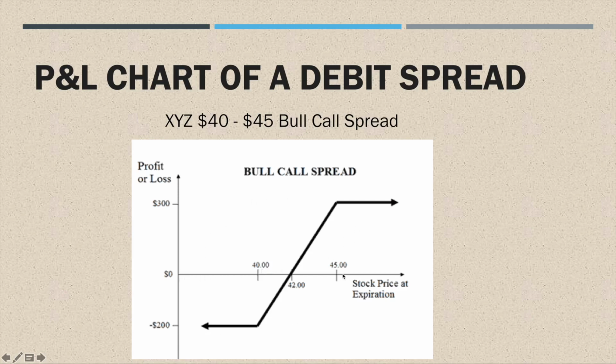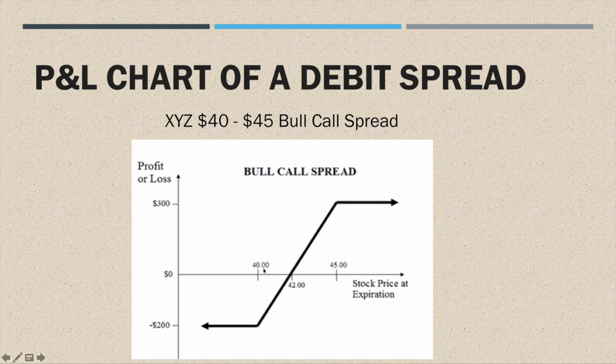This axis shows you the stock's price, and this axis shows you your profit and loss. Let's pretend that you bought this 45 bull call spread when the stock was at 40, and you paid $2 for it.